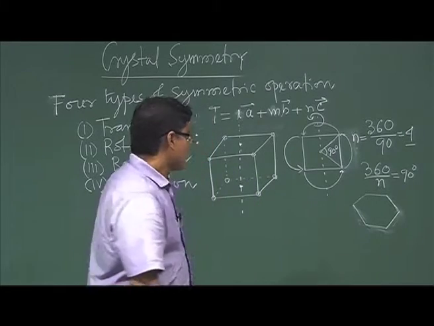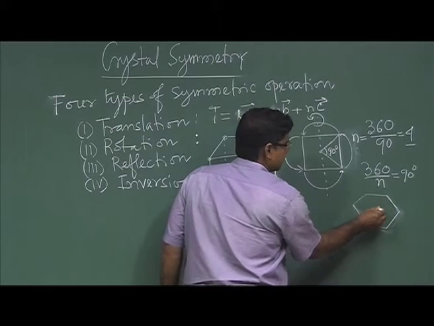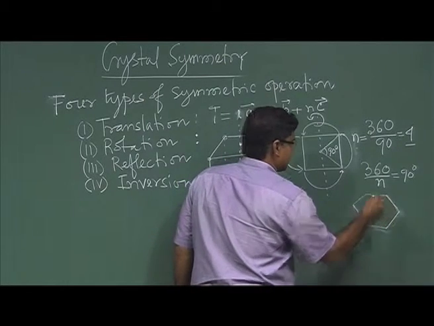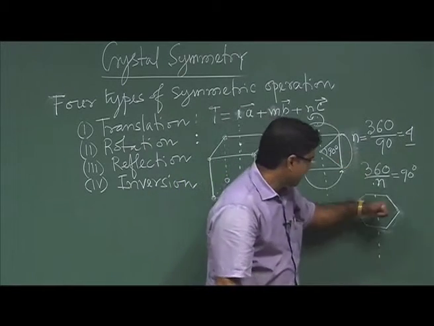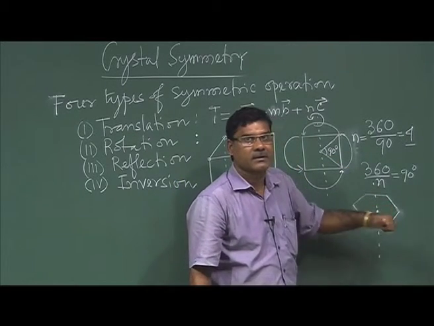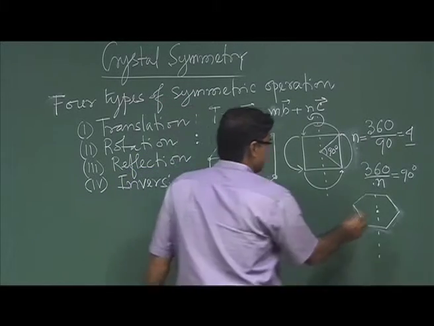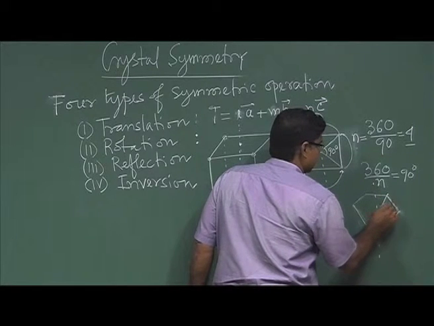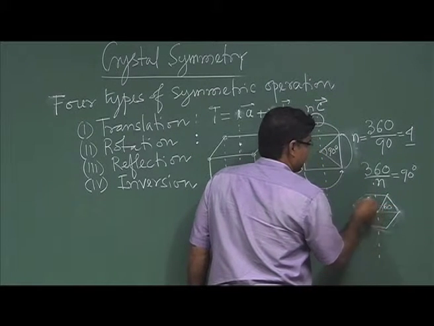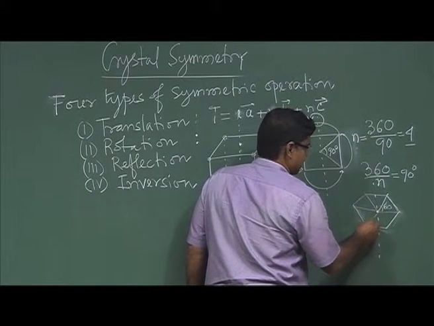Okay. So, if you rotate this crystal with respect to this axis, the dotted line I am drawing because it is perpendicular to the plane, then after 60 degrees, then another 60, then another 60.